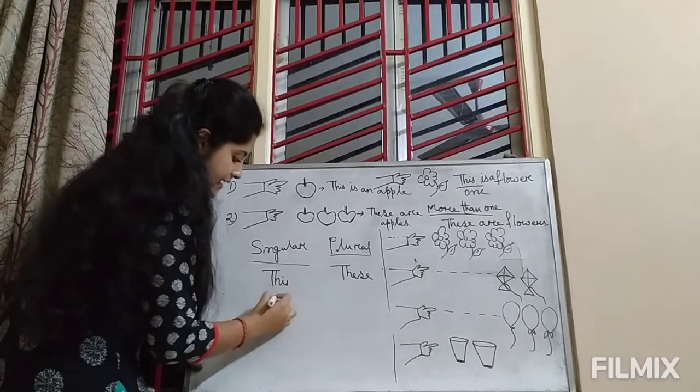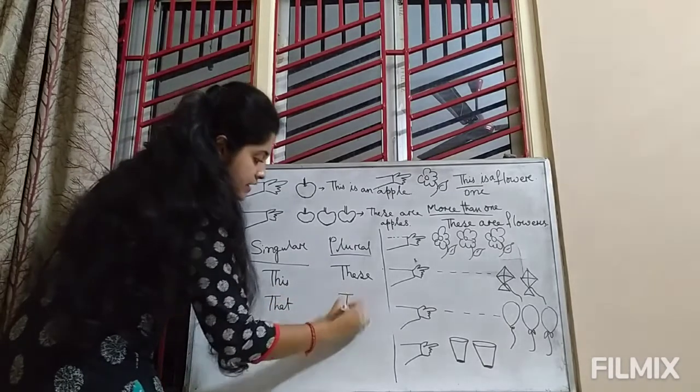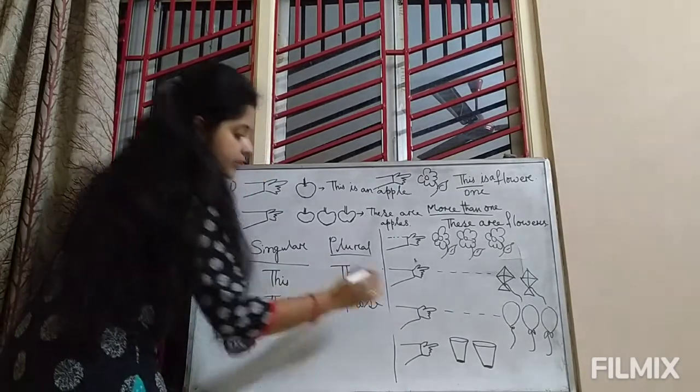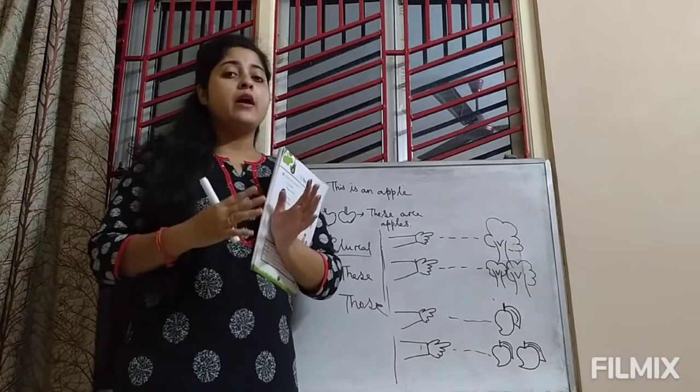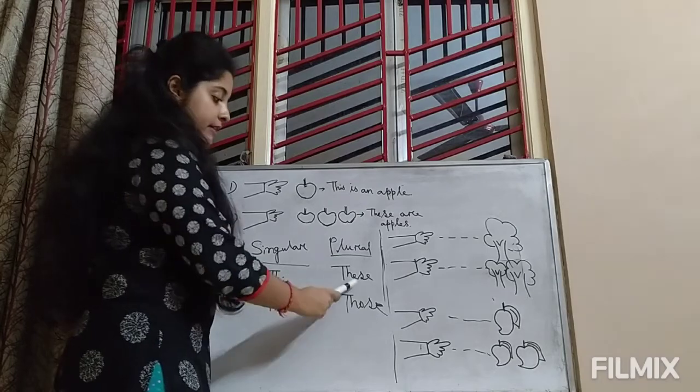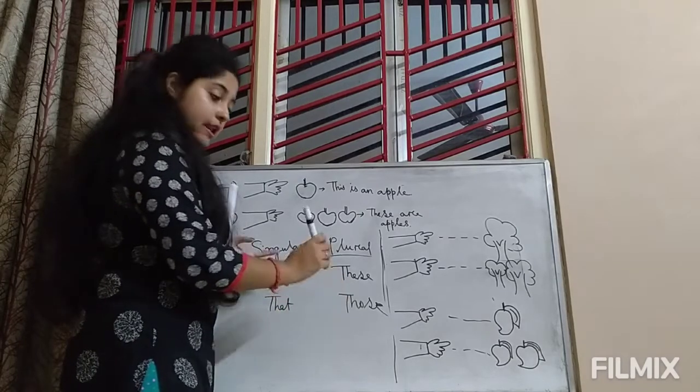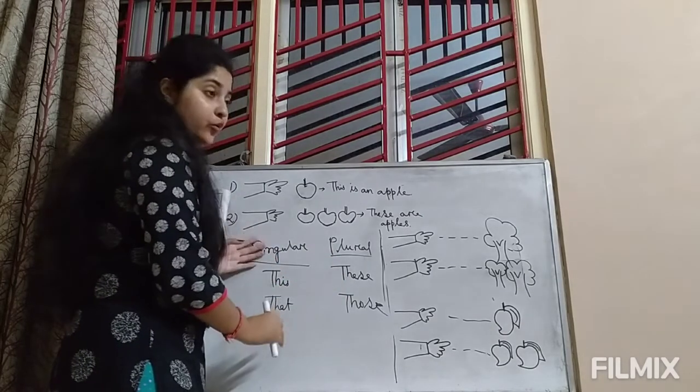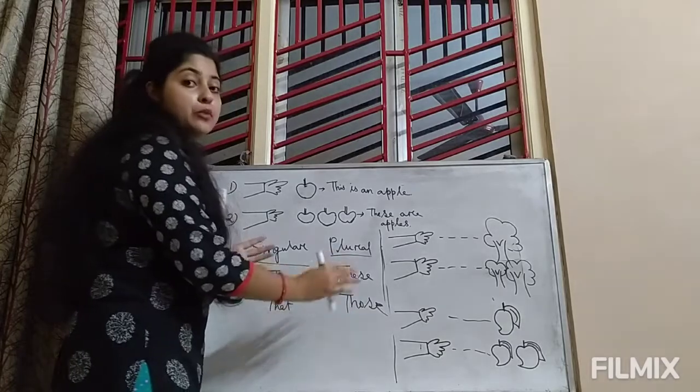Like this, that is singular and those is plural. So, as I have said, this means singular and these means plural. Like this, that is singular and those is plural.